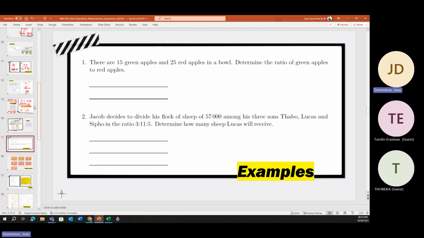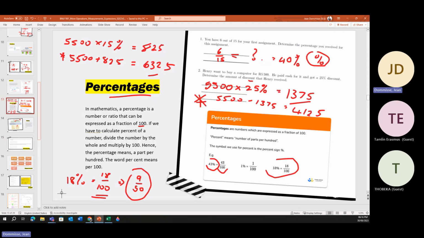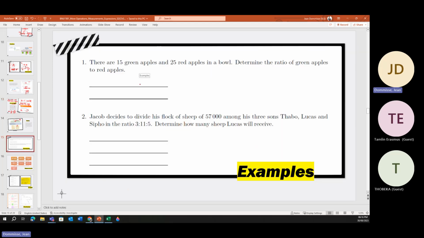It's seldom that they're just going to ask you to rewrite 18% into a fraction. The same goes for rewriting a fraction into a ratio or a ratio into a fraction. They can, but it's not likely.